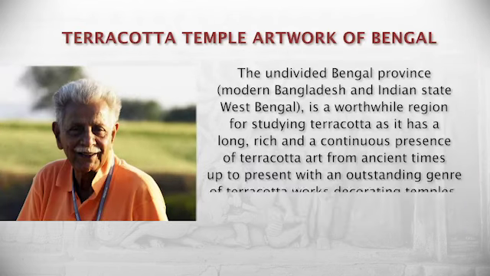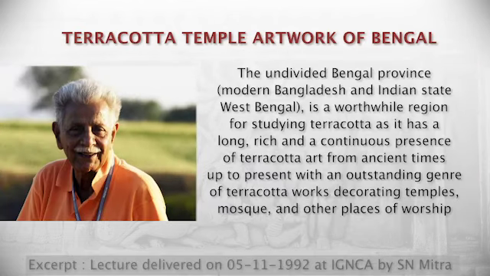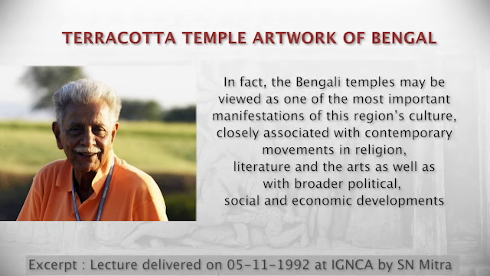Among the most remarkable regional groups of sacred monuments in India are the brick and terracotta temples of Bengal. Despite their relatively modest scale, these temples exhibit a great variety of shape and form. They display a vital sculptural tradition expressed in terracotta reliefs that cover the outer walls.